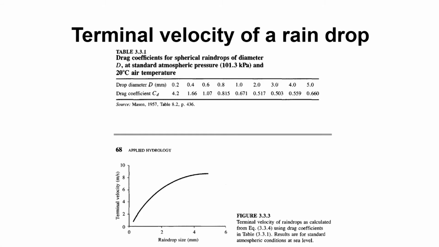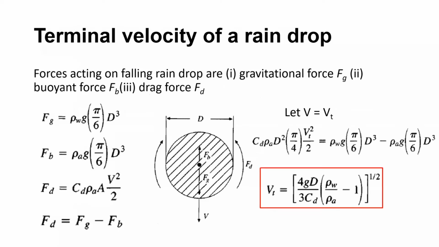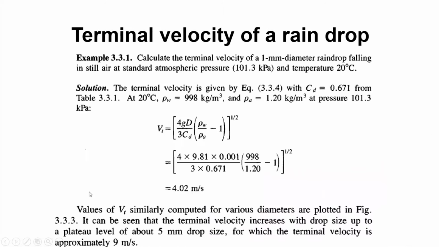Then we can connect it to a strain gauge, and for a given velocity we can find the drag force on that object. From that, using the equation drag force is CD rho A V squared by 2, we can calculate the CD value.